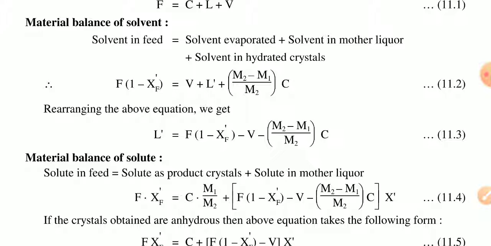F into (1 minus X dash F) is equal to V plus L dash plus (M2 minus M1) upon M2 multiplied by C. Solvent in the feed is F multiplied by (1 minus X dash F), solvent evaporated is V, solvent in the mother liquor is L dash, and solvent in the hydrated crystals is (M2 minus M1) upon M2 multiplied by C.